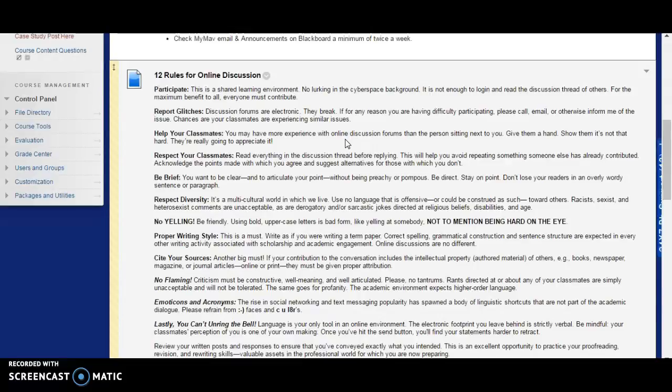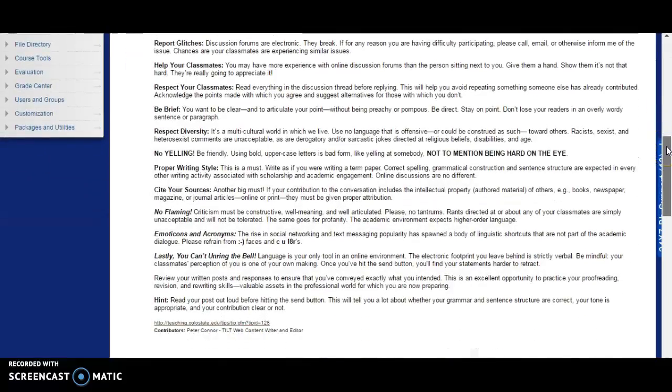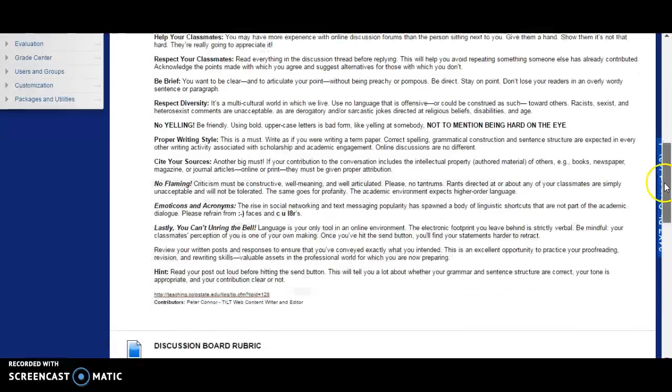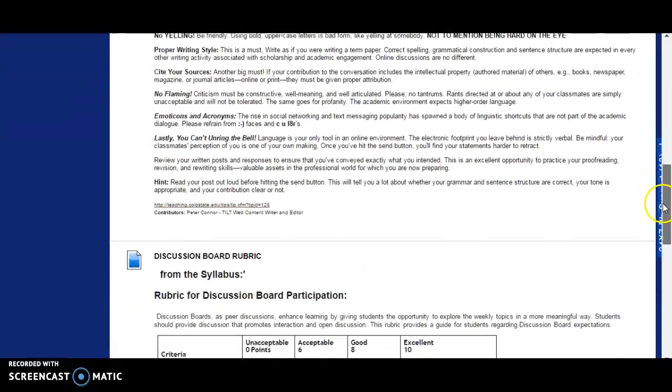So we're going to step it up a little bit here and interact as professionals on the discussion boards and in other correspondence, emails, and that type of thing. So you will want to make sure you understand what some of the rules are about good ideas, best practices about discussion boards.